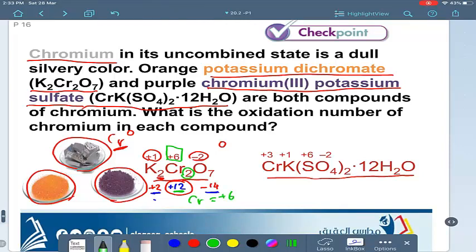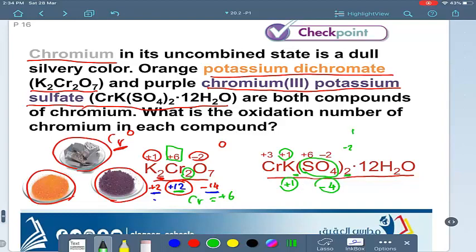What about the other example here? Look, potassium is positive 1, but it's only one potassium atom, so positive 1. And SO4 is a polyatomic ion and it's negative 2. Negative 2 times 2, because there are 2, gives negative 4.